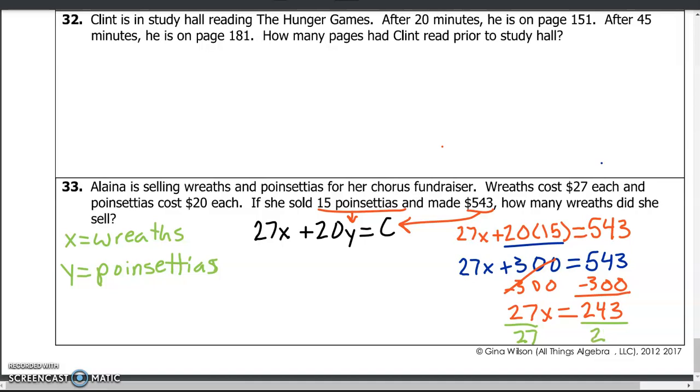Okay, so that cancels out. Then I just need to do 243 divided by 27, okay, which would equal 9. So x equals 9. So basically 9 wreaths. And that's it.